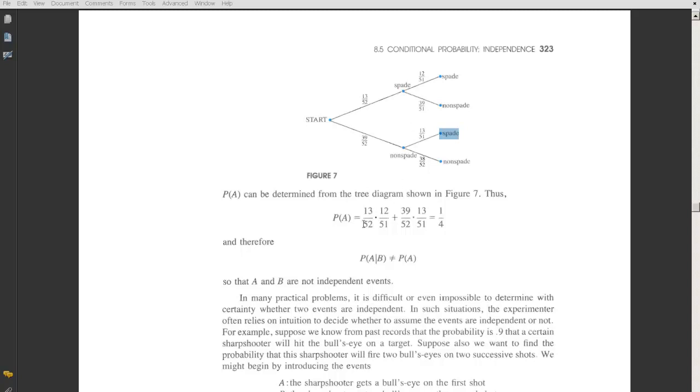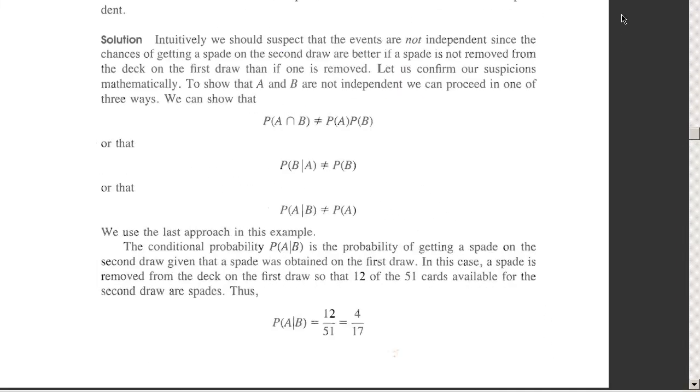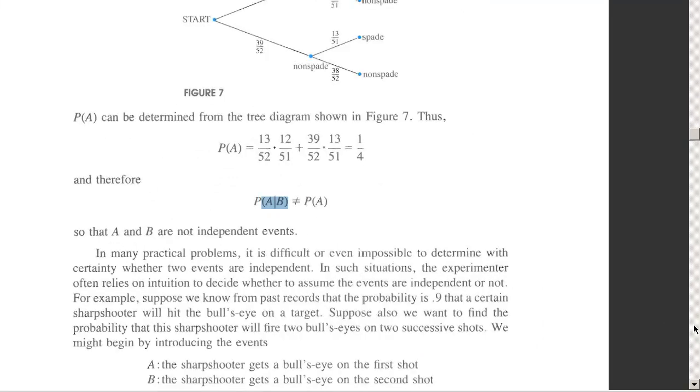That's what they do. This one times that one, plus this one times this is 1/4. So the probability of a spade on the second is 1/4, and so that's not equal to what we got just up above here. It's not equal to 4 over 17. 1/4 and 4 over 17 are not the same, so they're not independent as we suspected.